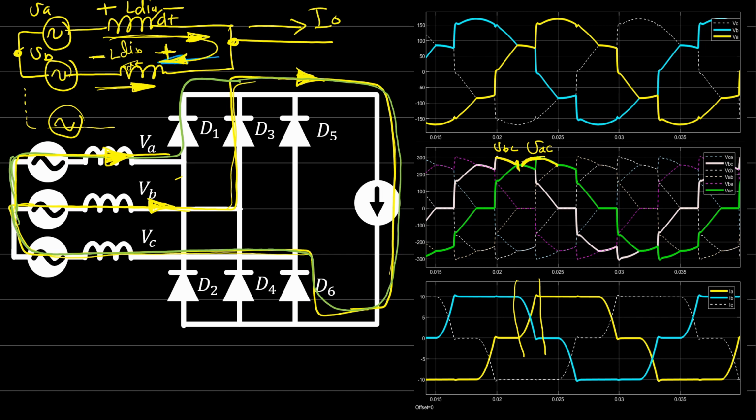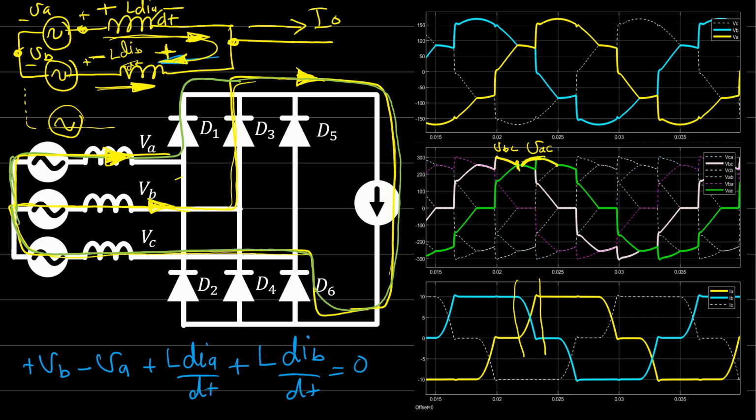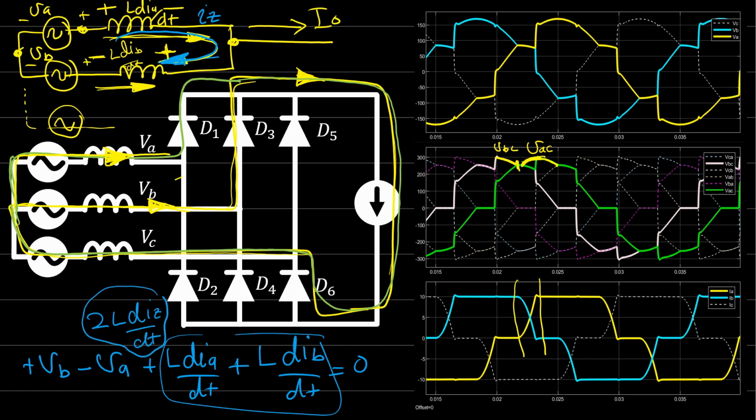So what we can conclude from this diagram is that plus VB minus VA plus L dIA by dt plus L dIB by dt is equal to 0. I'll call the common commutation current here IZ. So this can be replaced by 2 L dIZ by dt, which is the common current inside this loop.